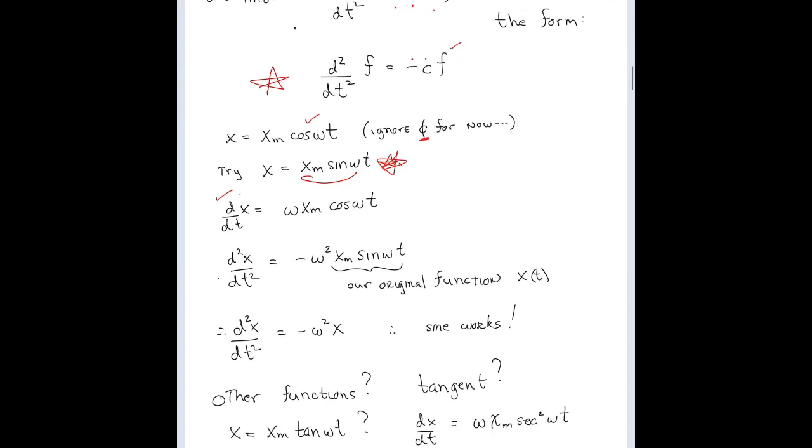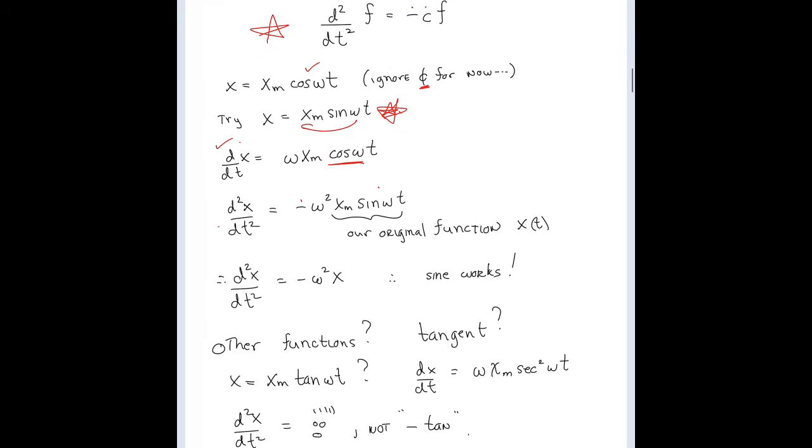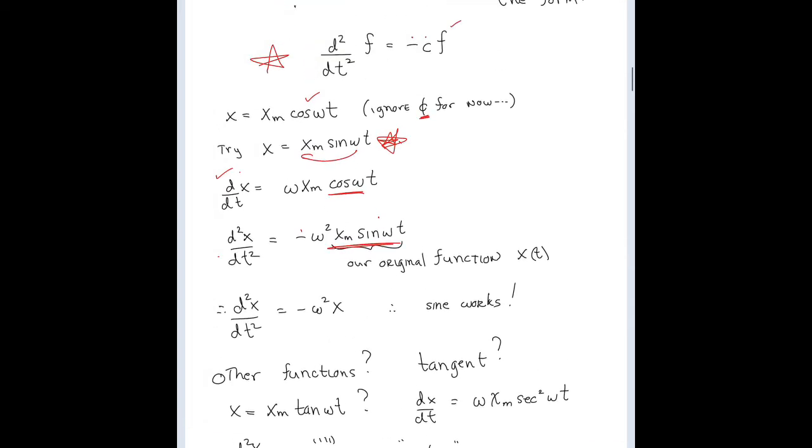I take my second derivative, derivative of cosine is minus a sine. I get another omega on the outside. But this right here, x max omega squared sine of omega t, that's our original function x of t. So for this, I'm just going to write x, and then that has the form that we want.